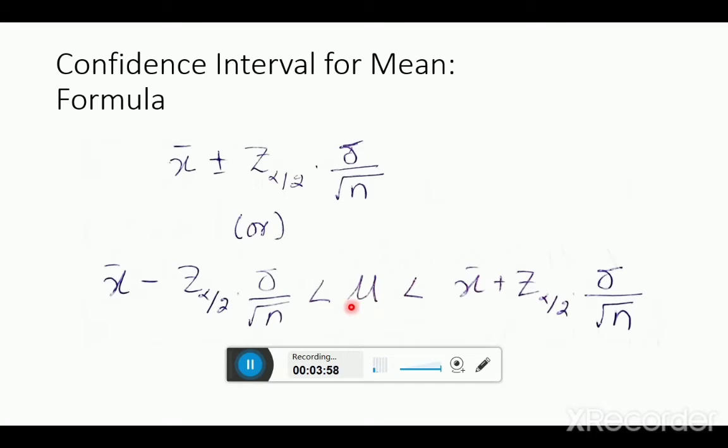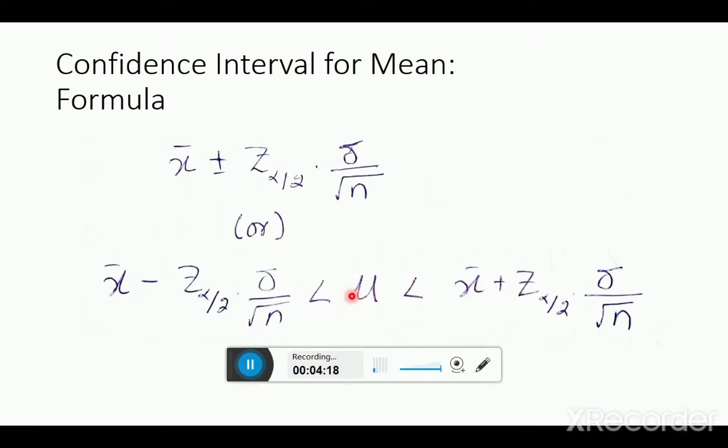What we are doing with the real formula is making the complete expression, which is known as a confidence interval. This confidence interval is for your population parameter mu.